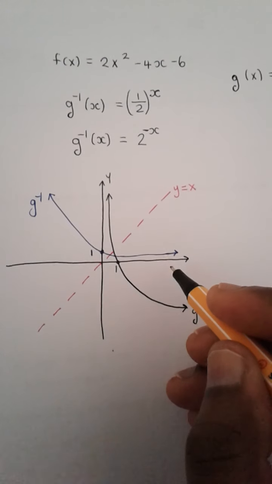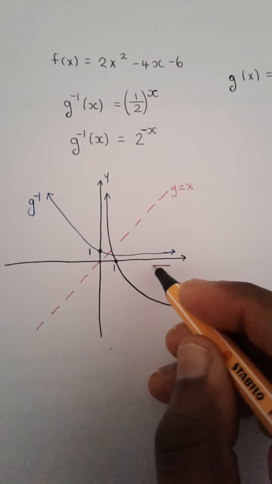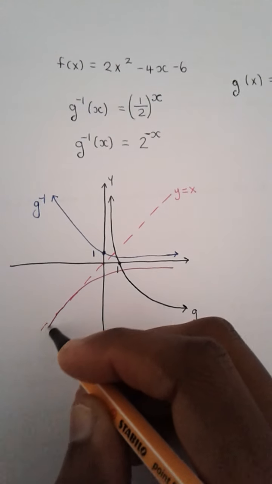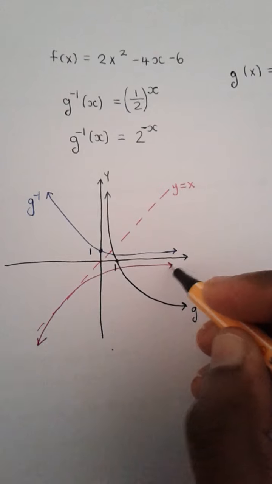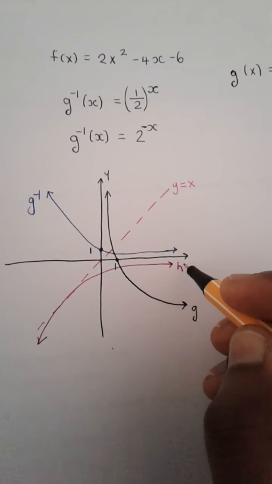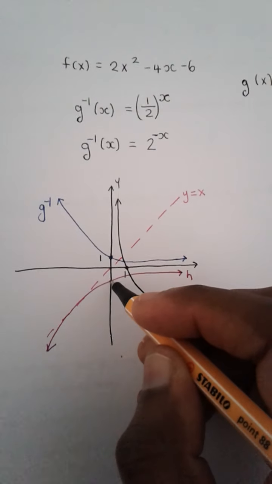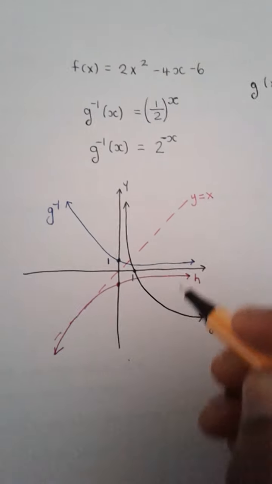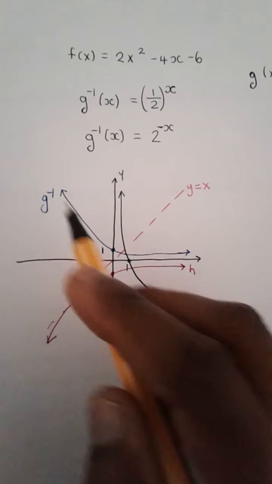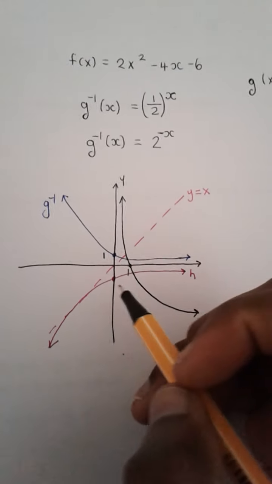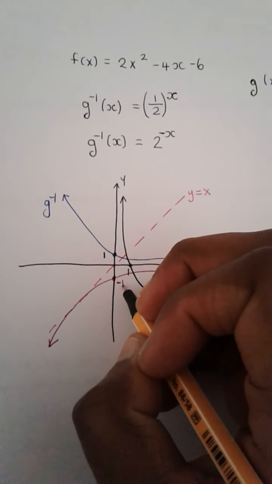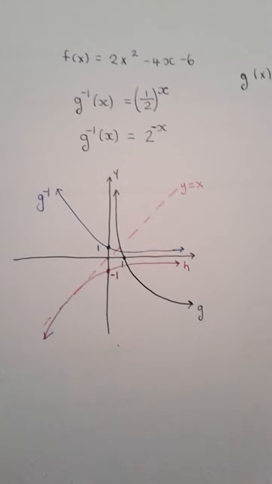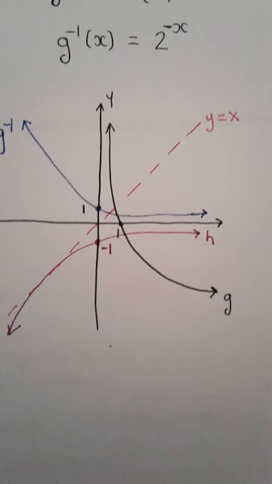Okay, so we'll have this. So this is now the graph of H, and because it's just a reflection of the graph of G inverse about the x-axis, it's going to cut the y-axis at the point of -1. I hope you can see that.